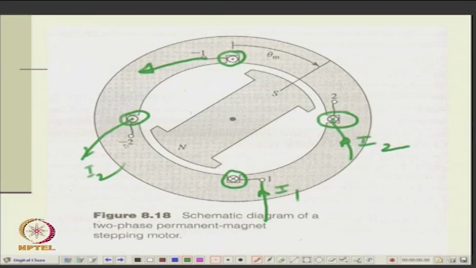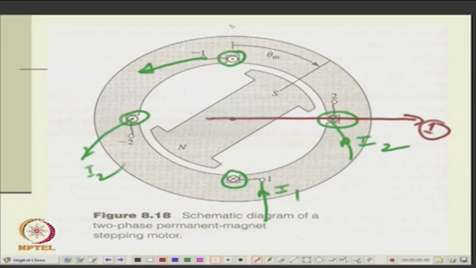If you excite 1, where will be the axis? Excite 1, okay, you can say this is the axis if you excite 1, right, and if you excite 2, which will be the axis?